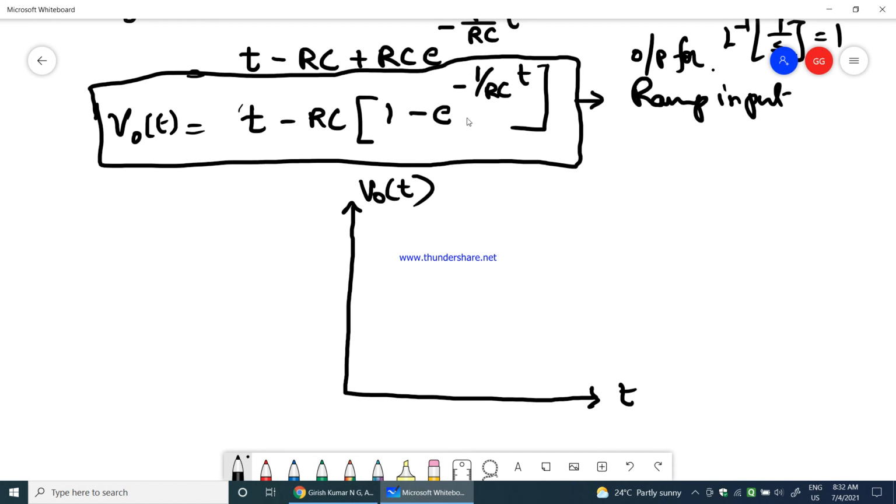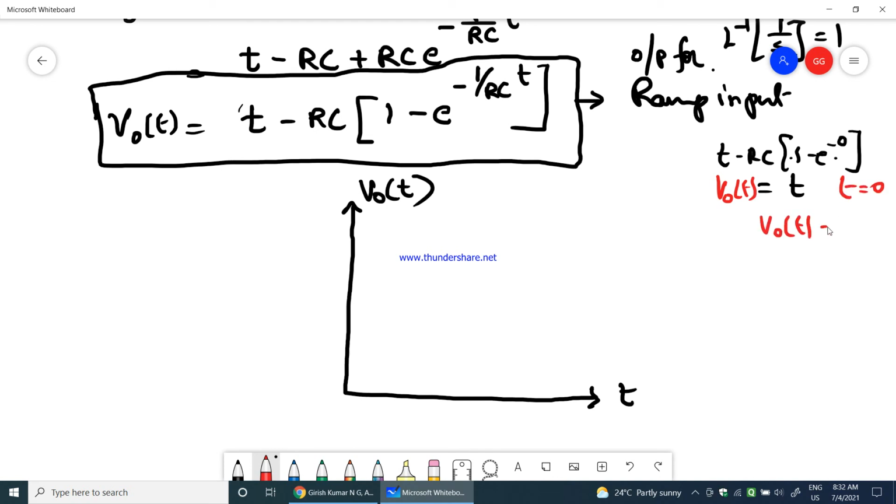So when t equals 0, what happens to e power minus 1 by rc t? It is t minus rc into 1 minus e power minus 0. So it is 1 minus 1, which is 0, and you will be getting t only. So v out of t will be equal to 0 only, because t equals 0.